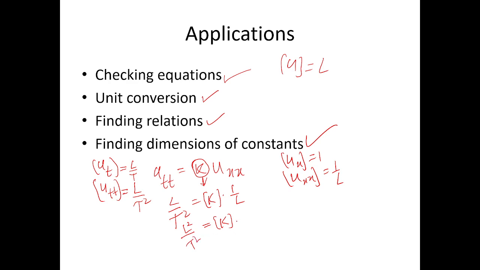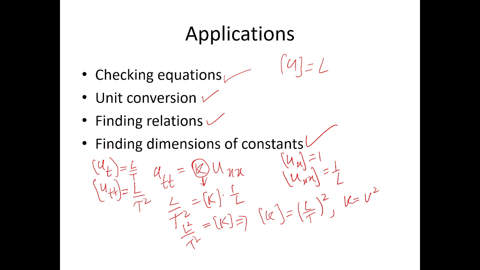This is the dimension of velocity square, since L over t is the velocity. So k is velocity square, and this equation is the wave equation with the velocity square here.